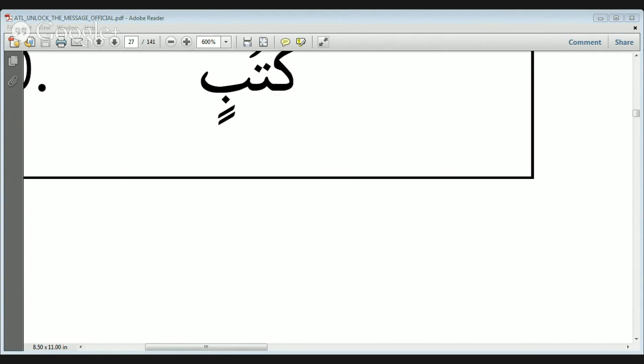Let's go through some of the older surahs. All right. وَيْلٌ لِكُلِّ هُمَزَةٍ لُمَزَةٍ.